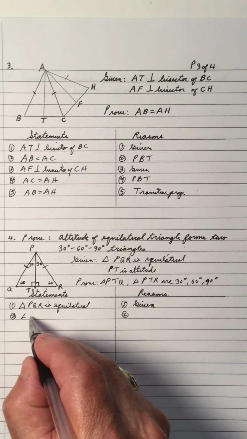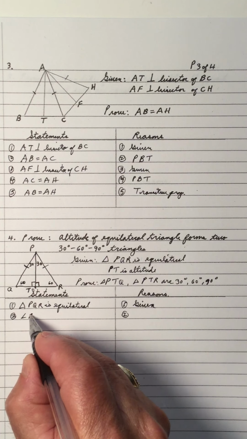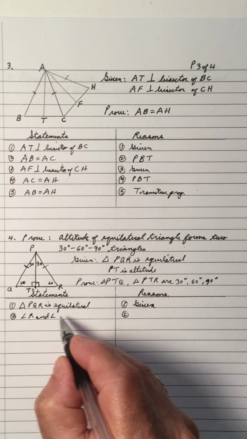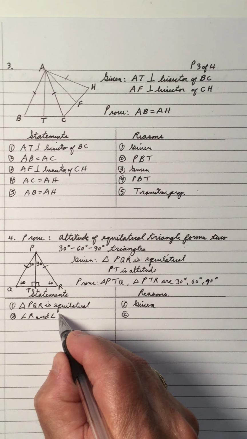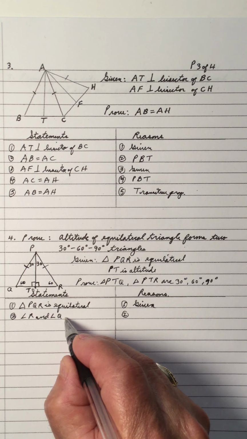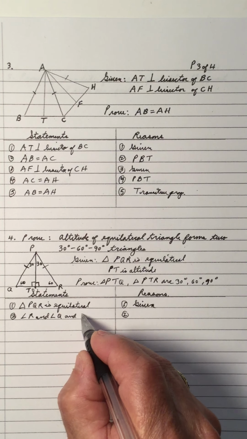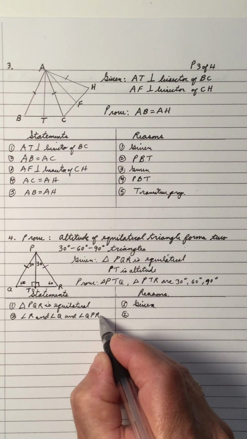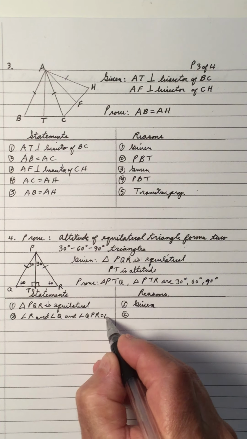That means that angle R and angle Q and angle QPR equal 60 degrees.